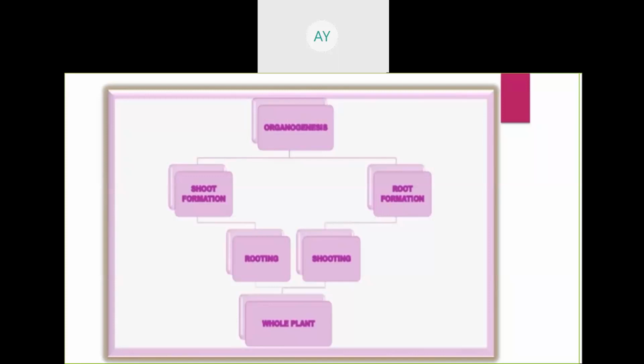First we develop the shoot portion, then root portion, and then the whole plant develops. So try to know cytokinin for shoot formation, auxin for root formation. But with an equal amount of auxin and cytokinin, neither shoot formation nor root formation, only callus. So callus is just the initial stage that we develop from the explant, and the explant is meristematic. So we get the whole plant after development of shoot. First we develop the shoot and then develop the root.